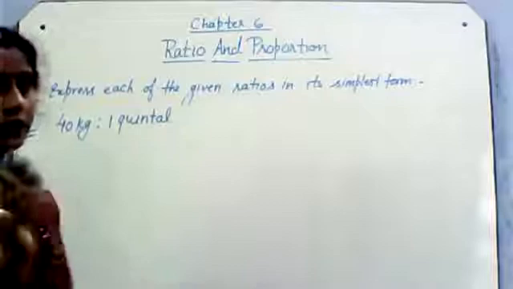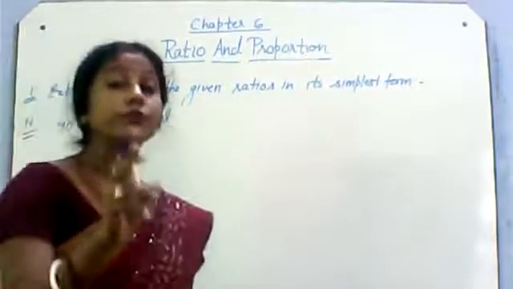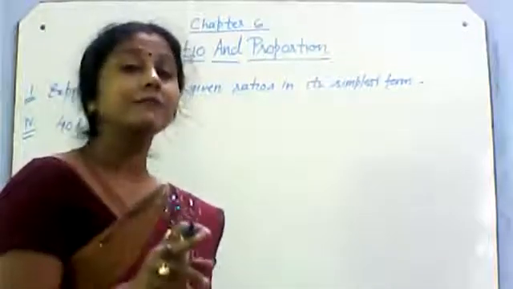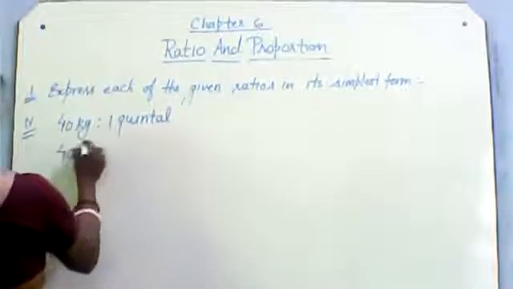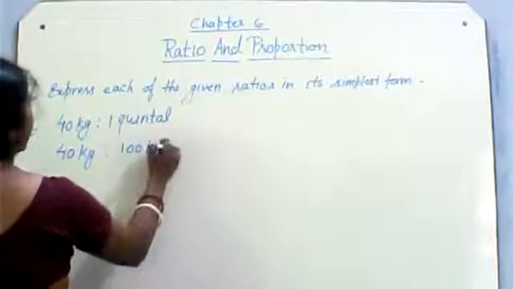Now it is kilogram and it is quintal, so you should know the scale. 1 quintal equals how many kilograms? 100 kilograms. So you just change it: 40 kilogram ratio 100 kilogram.